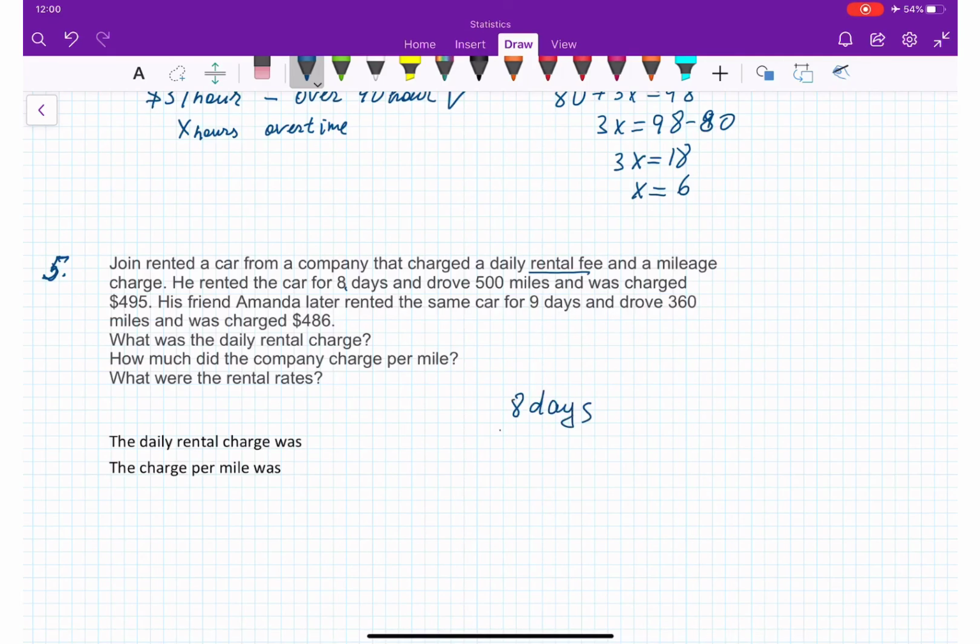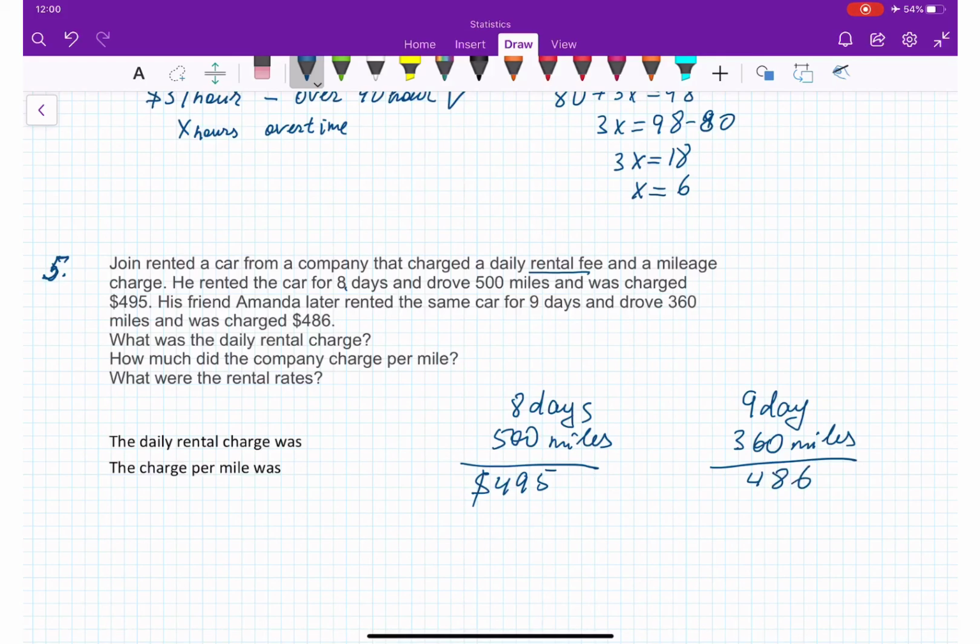And drove 500 miles, and was charged a total of $495. His friend Amanda rented the same car for 9 days and drove 360 miles and was charged $486.